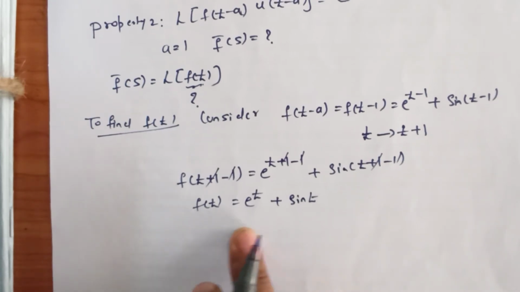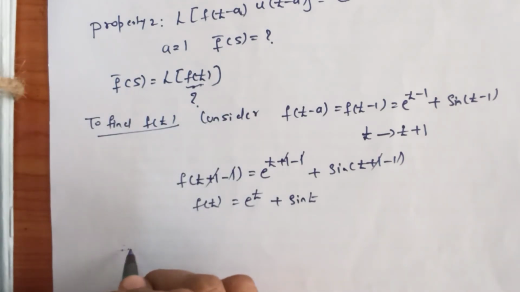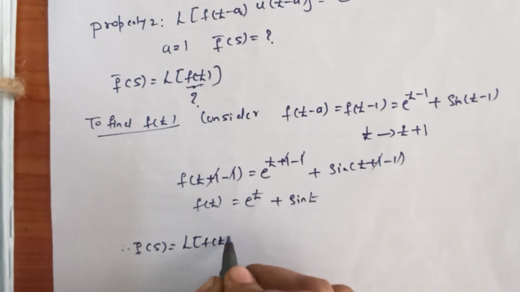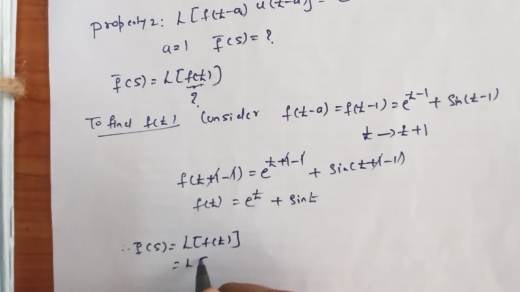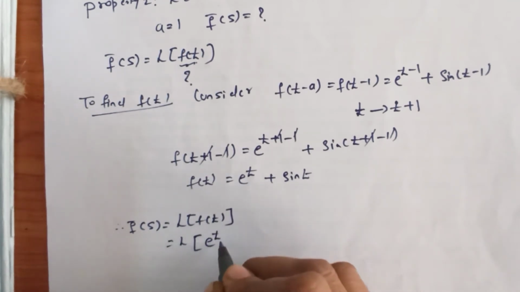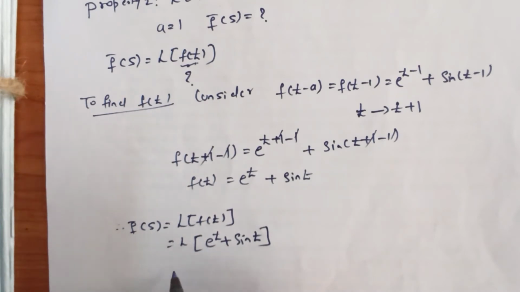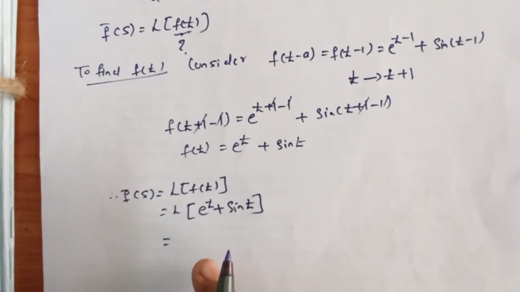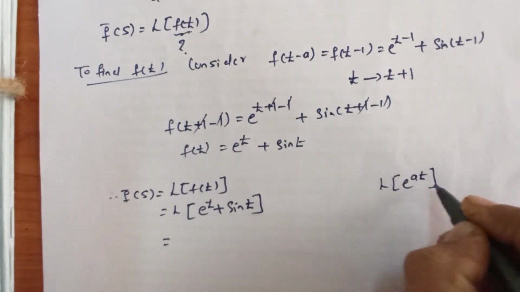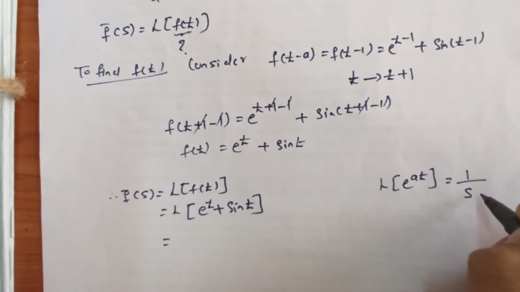So once you know your f of t, you can find your f bar of s. Therefore f bar of s is equal to the Laplace transform of f of t. Let us substitute f of t, that is e power of t plus sine t. We already know the formula: the Laplace transform of e power of at is 1 divided by s minus a.